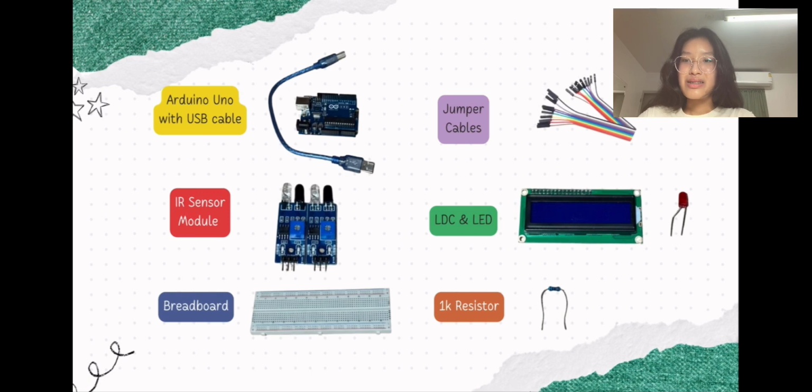Additionally, the system includes an LCD display to show the current number of people, an LED to indicate system status or alert, and a 1 kilo ohm resistor to limit the current and protect the LED from damage. Then let's see how this system works.